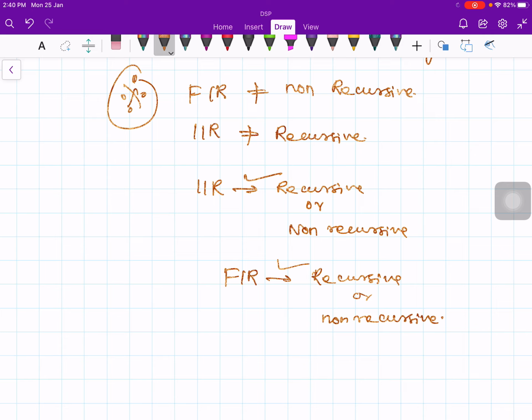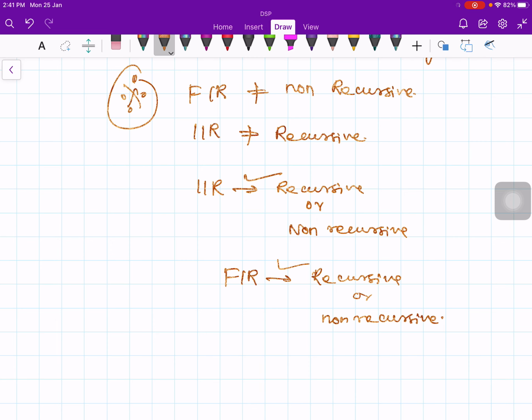Recursive and non-recursive are two terms used to describe the process of computation. It has nothing to do with the length of the impulse response. Whether you use feedback or not is up to you. Recursive means we need feedback; non-recursive means we don't need feedback.